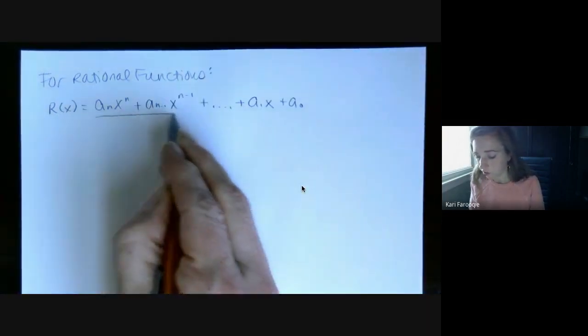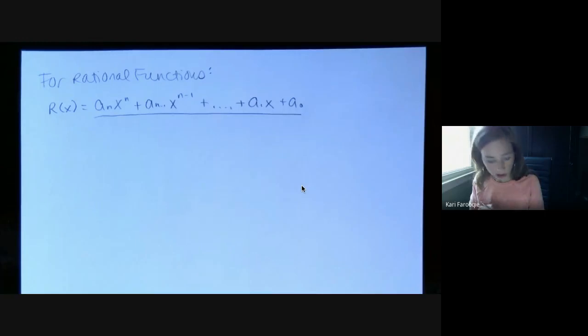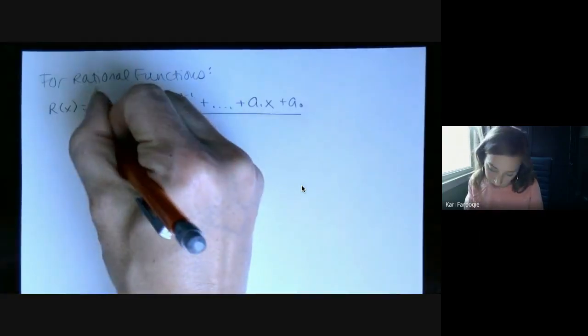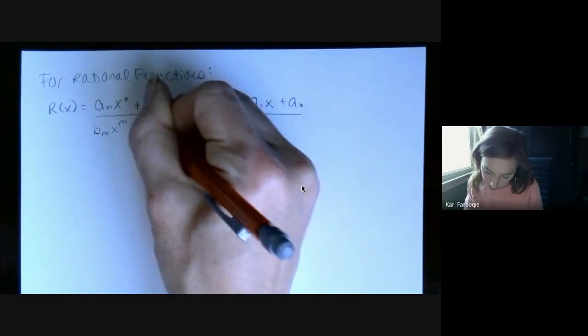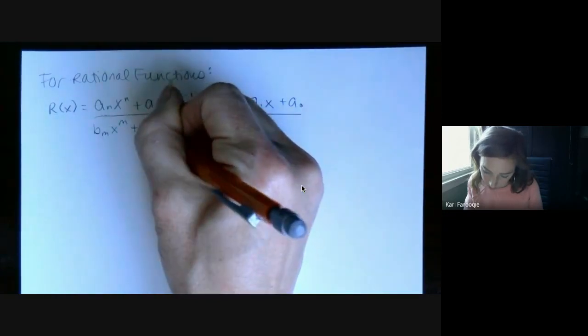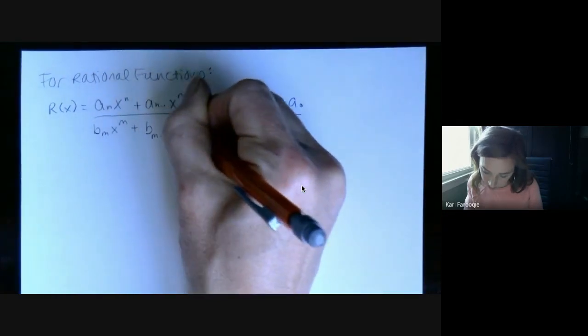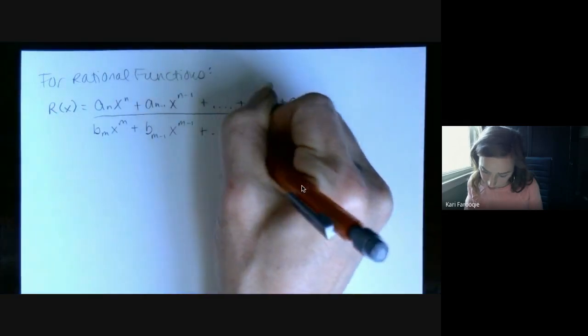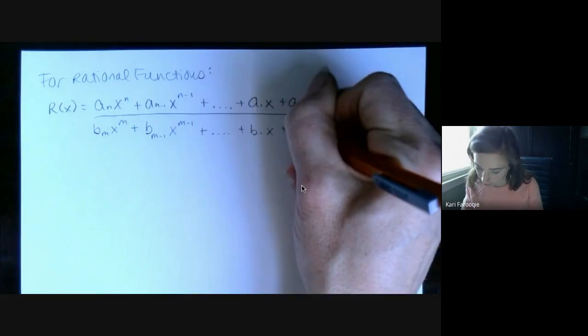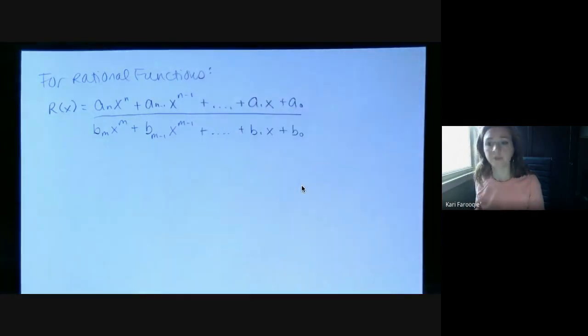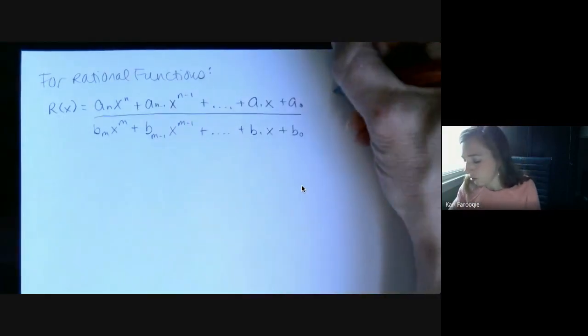So that just means we have a polynomial in the numerator, and we'll write a polynomial in the denominator, b sub m times x to the m plus b sub m minus 1 times x to the m minus 1, all the way up to b sub 1 x plus b sub naught. So this is a quotient of two polynomials.